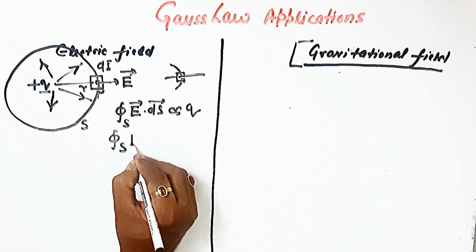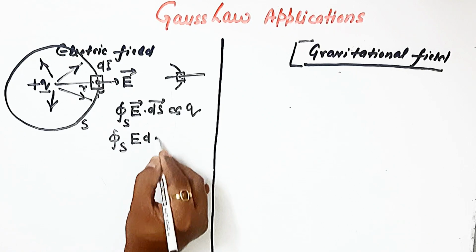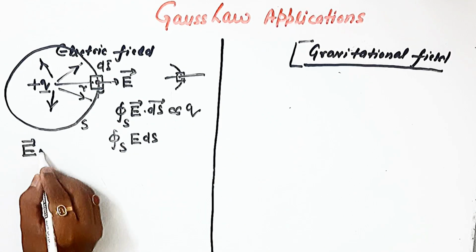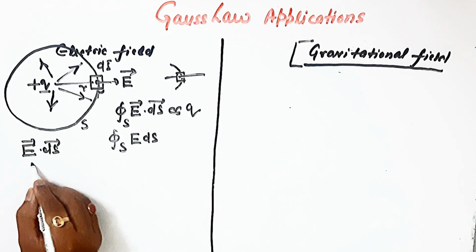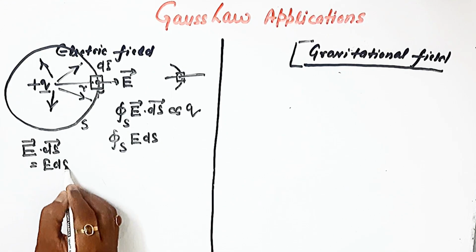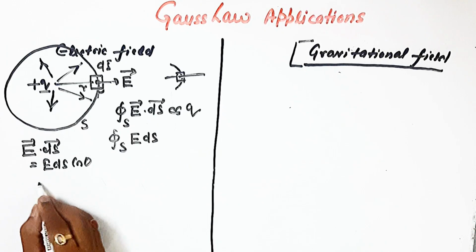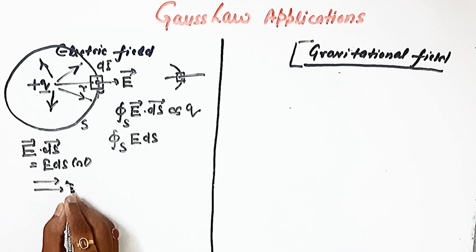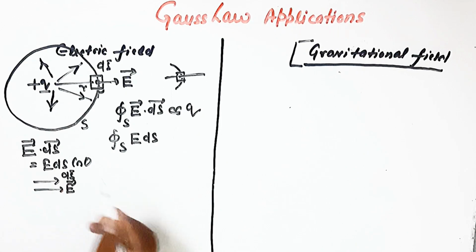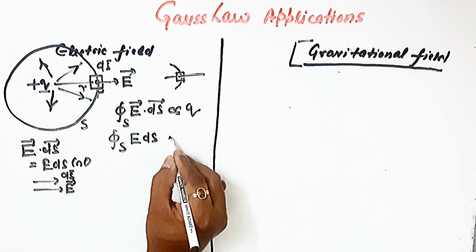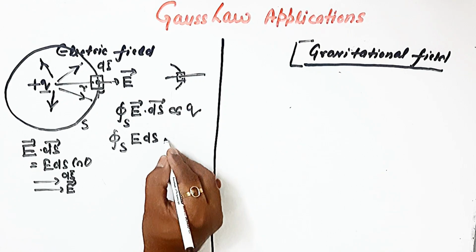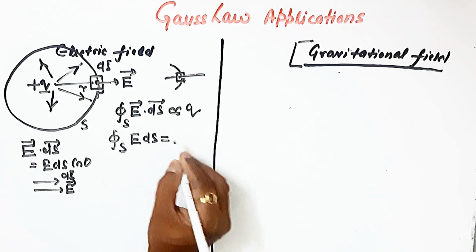So for this elemental area, what will you get? The surface integral of E dS. Why E dS? Because E dot dS is equal to E dS cos 0, as dS is in the same direction in which E is operating. So here I convert this proportionality to equality.